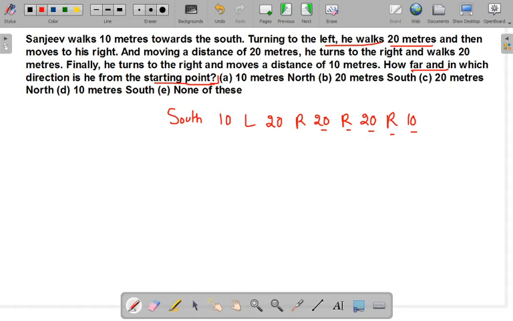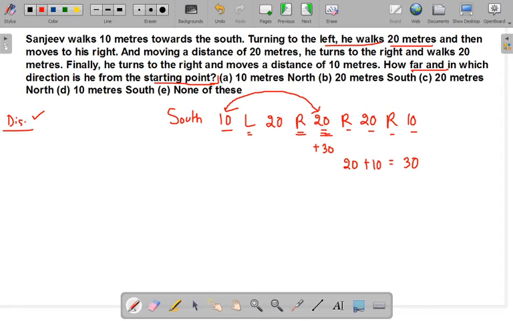So we'll find out the distance first. For distance, just look at this first value and this third value. The middle two values are left and right, so we will add these two. 20 plus 10 is 30. So here you get a value plus 30.